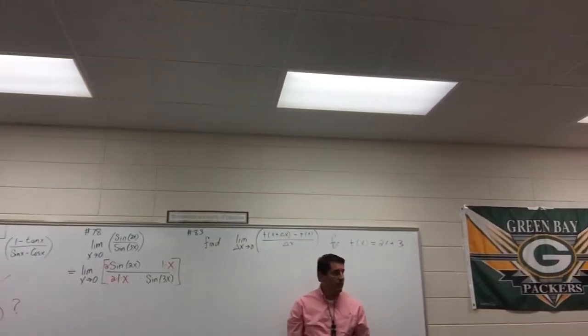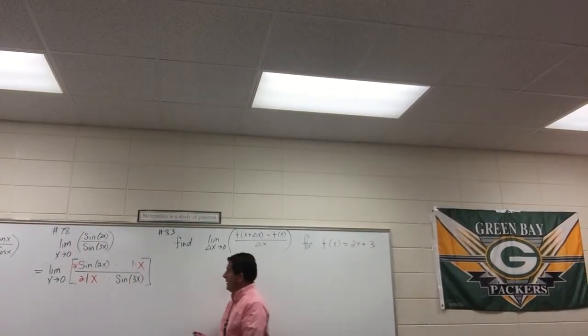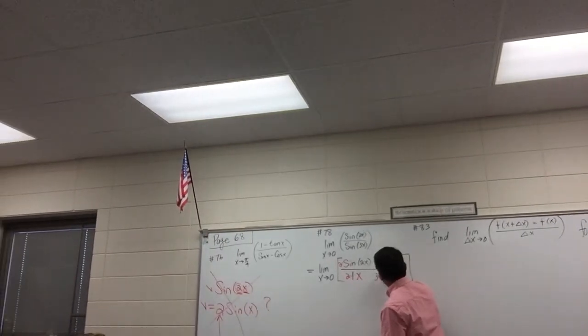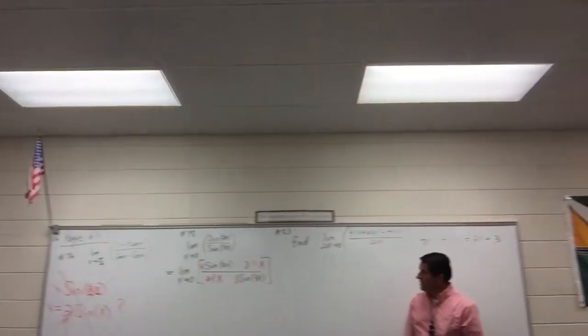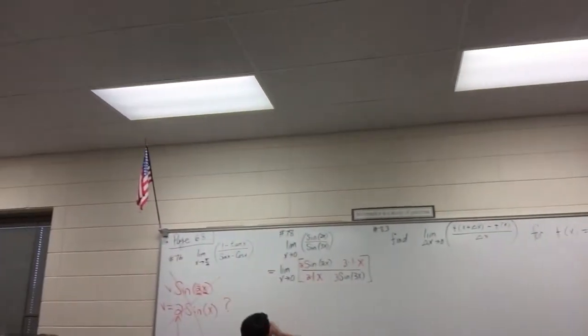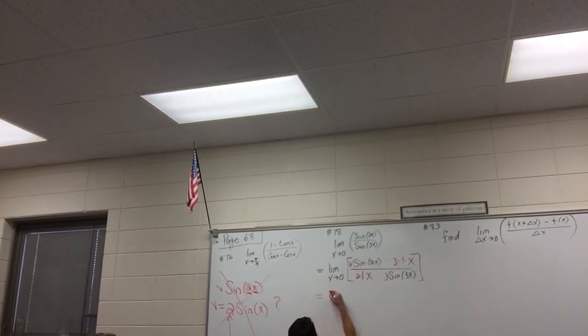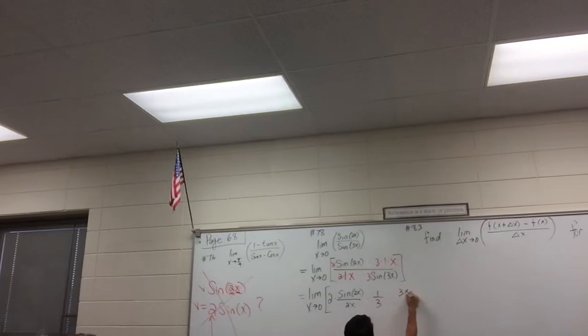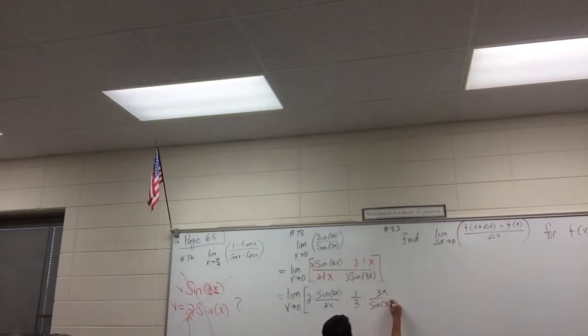Again, we're just rewriting it in a form that allows us to do the limit. By adding a 3 on the top and a 3 on the bottom, now if you look closely, here's the whole write out. Limit as x approaches 0 of 2 times the sine of 2x over 2x, times 1/3 times 3x over the sine of 3x.